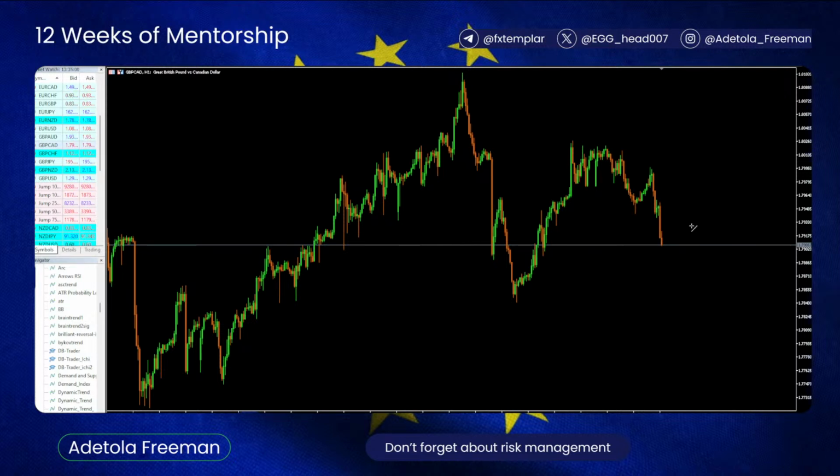Okay, where's my trend line? Yeah, so this is GBP card, 1 hour time frame. Remember, when you're using the ATR probability levels, it's better to stick with the 1 hour, 4 hours time frame. All right, much better.